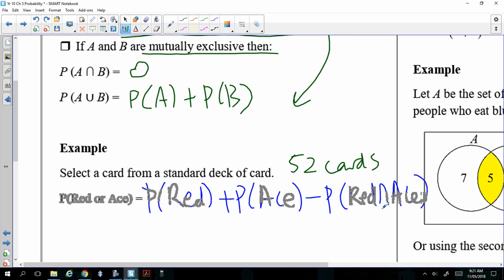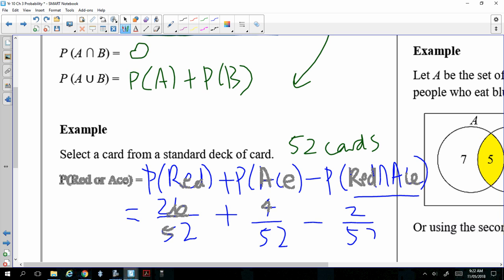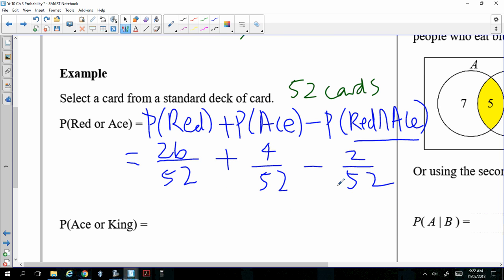So how many red are there? Exactly half of them, right? So 26 out of 52, or half. Ace, there are 4 aces out of 52. And how many are red aces? 2 out of 52. So you have to subtract them. So what do you get? 28 out of 52, which, if you divide by 4, you get 7 out of 13.